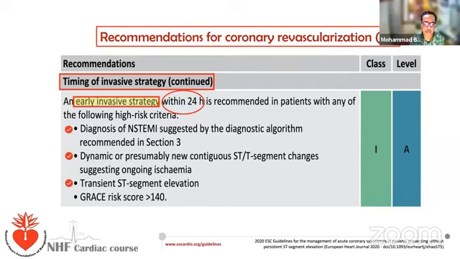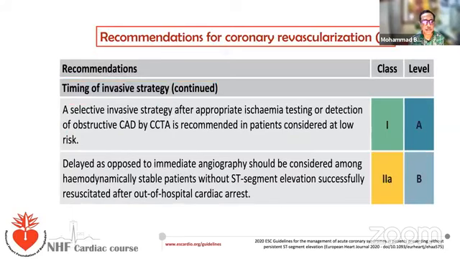Simply having the diagnosis of non-ST-elevation MI, the patient needs an early invasive strategy within 24 hours, despite anything else. So whenever a patient comes to our hospital or to the ward with non-ST elevation MI, we should try to arrange an early invasive strategy for this patient. But for all other patients, a selective invasive strategy should be adopted. We should do appropriate ischemia testing, and then we should go for further planning.